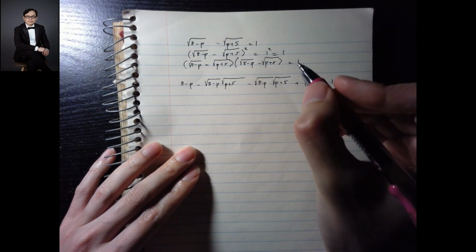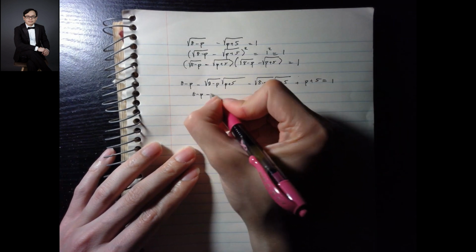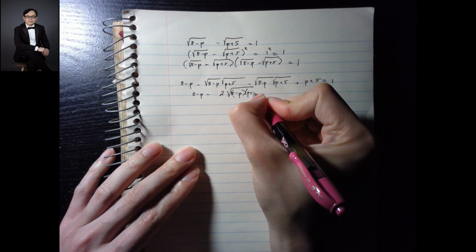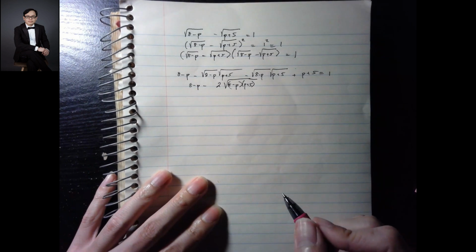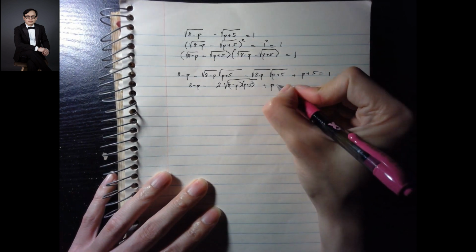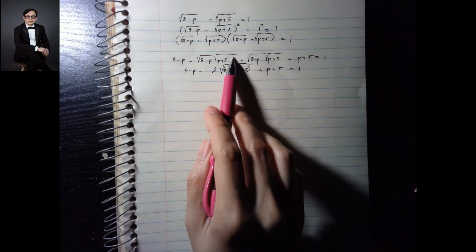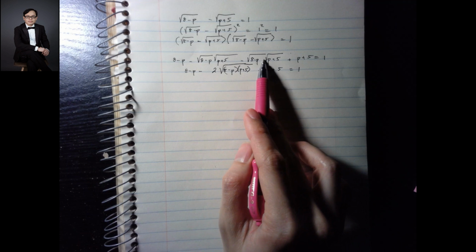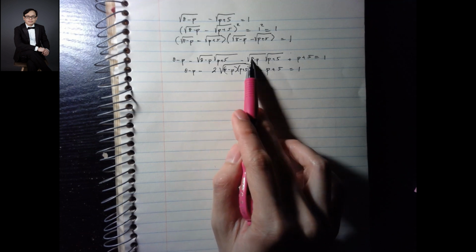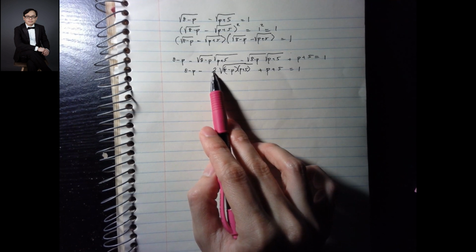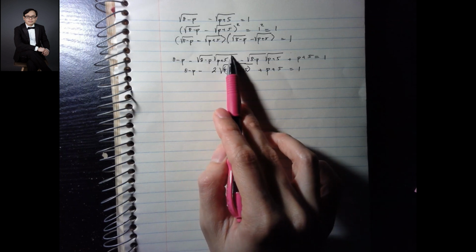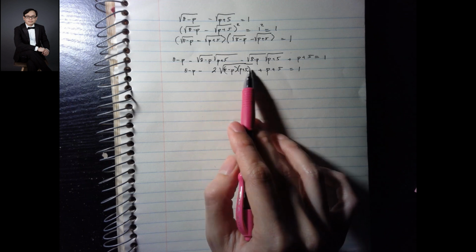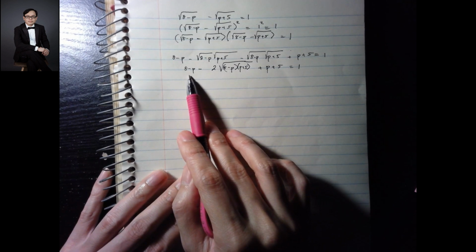Okay, then this one gives you what? 8 minus p, minus 2 times the square root of 8 minus p times p plus 5, plus p plus 5 equals 1. So the part right here and the part right here, I combine. It becomes negative 1 and negative 1, so negative 2. And two radicals, I can combine under one radical. Now I'm going to start combining like terms again.